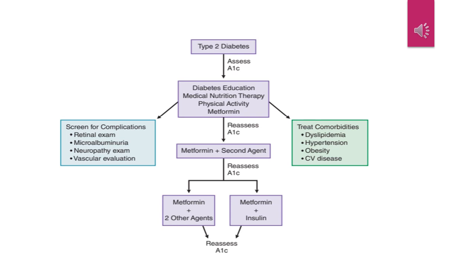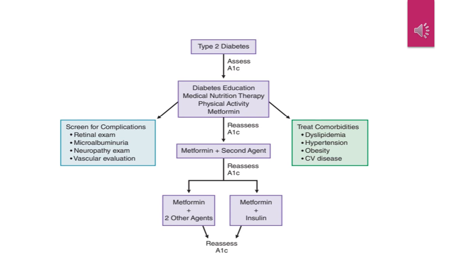They usually come after 4 to 5 years, and by that time some microvascular as well as macrovascular complications might have developed, so we need to look for them as well, like retinal examination, whether the person is suffering from microalbuminuria, or has neuropathy or not. We also look for other comorbidities like dyslipidemia, hypertension, obesity, and we need to take care of those factors as well.